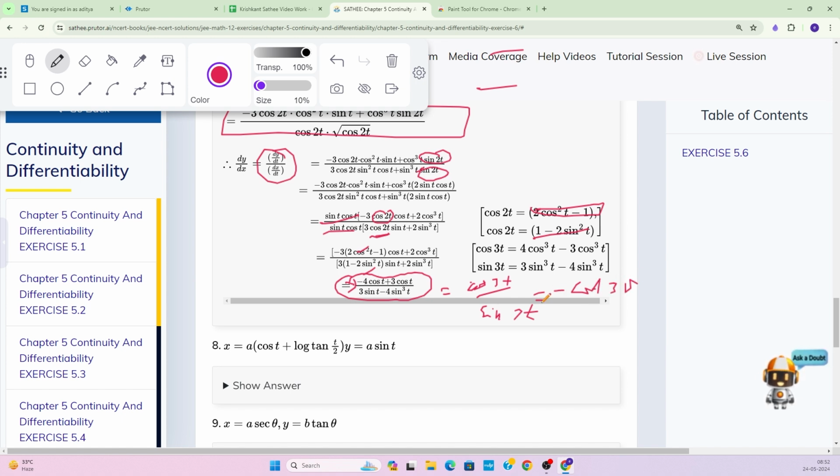Okay, if you take minus common, then your answer for this will be minus cot 3t. This will be your final answer for dy over dx.